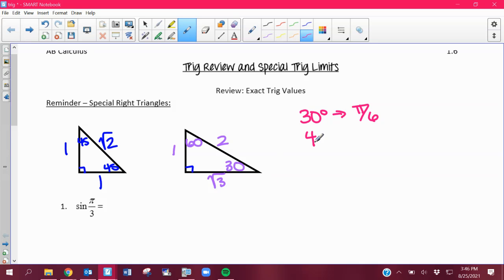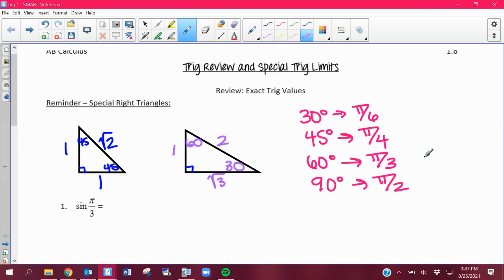Okay, a 45-degree angle is the same thing as pi over 4 radians. A 60-degree angle is the same as pi over 3 radians, and then 90 degrees is the same as pi over 2. And if you remember, you have a unit circle, and there are multiples of those on the unit circle, but the only reference triangles that you will ever build are 30-60-90s or 45-45-90s.